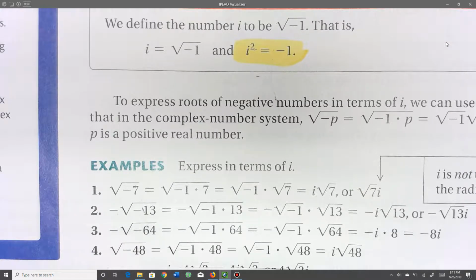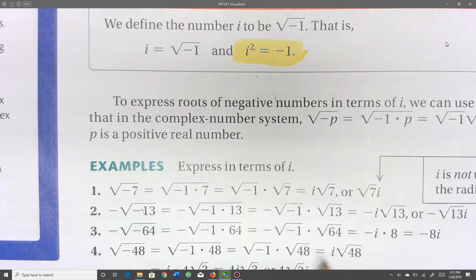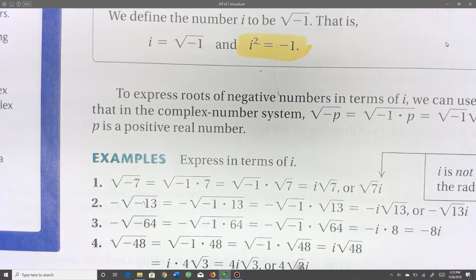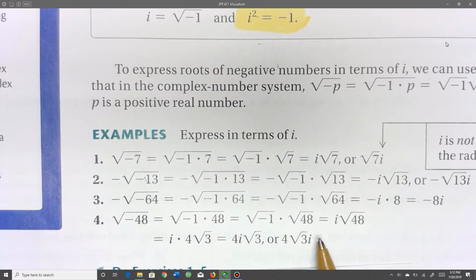Let's see, 48. 48 is not a prime number either, and therefore you need to simplify as much as you can. In this case, 48 is not a perfect square like 64 was. Therefore, you need to separate.